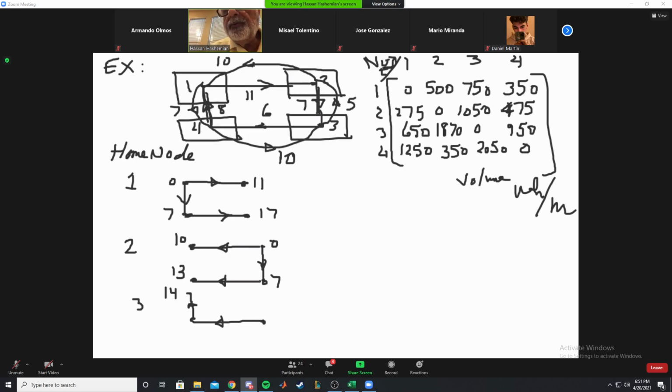Now to go to 2, 13 minutes, Professor. Oh, no, okay, never mind. So this would be what? This would be 5 minutes, correct? And then from 3, you go to 4, it takes you 6 minutes, correct? So that's the tree from 3 to all other nodes. Then you go to 4.